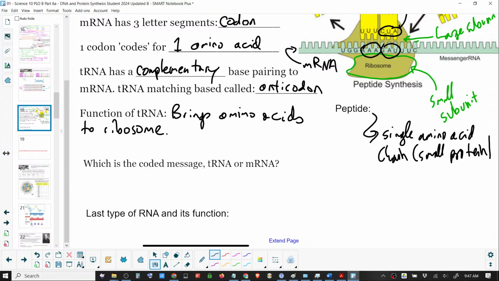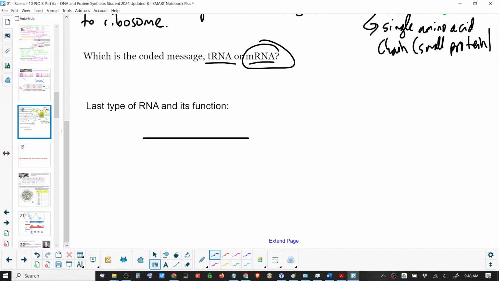So the coded message, tRNA or mRNA? mRNA. So that's the code. The tRNA helps read the code. There is one other type of RNA, and that is rRNA, or ribosomal.